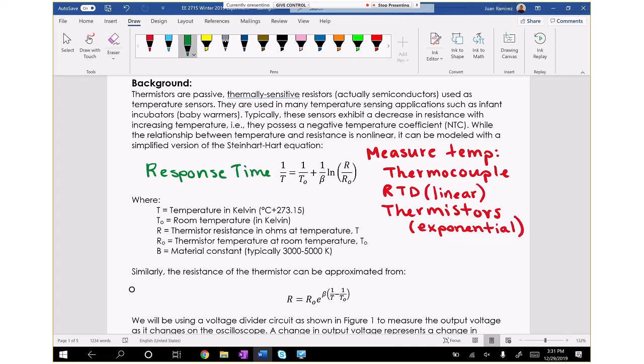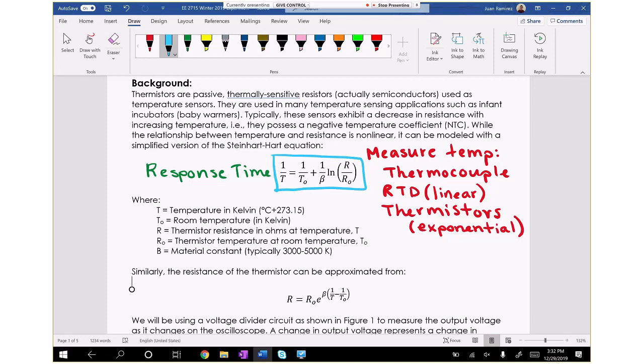Okay, so first, before we get into response time, let's talk about the actual relationship between temperature and resistance. So this equation here tells you what the temperature and resistance relationship is.